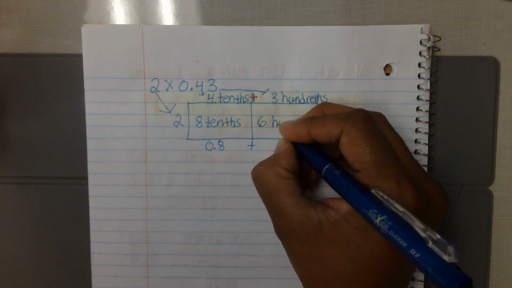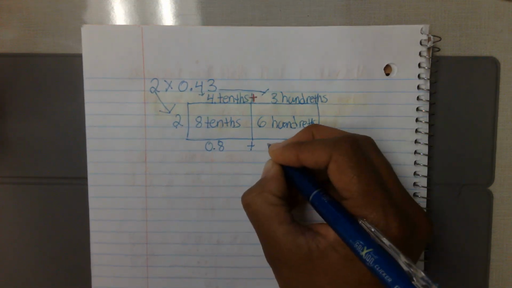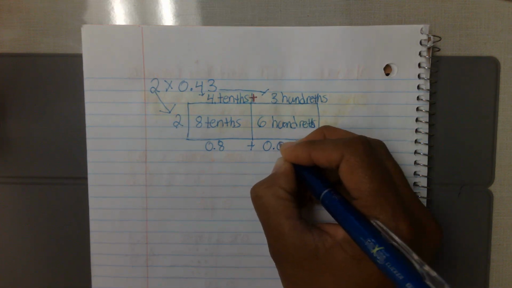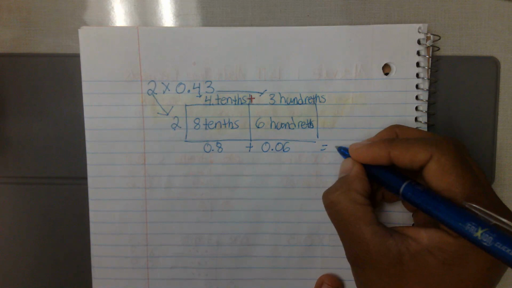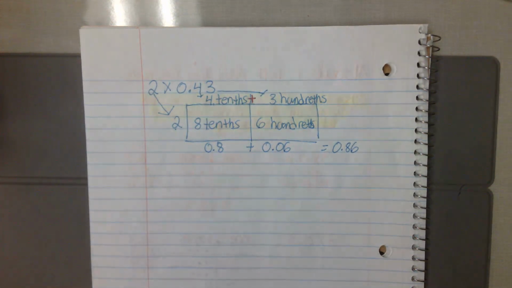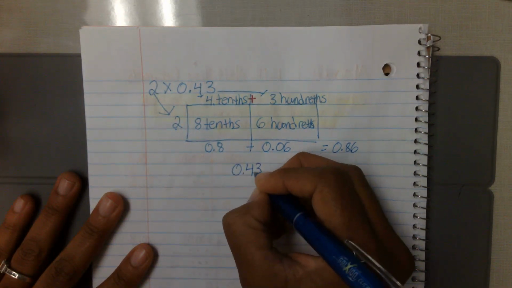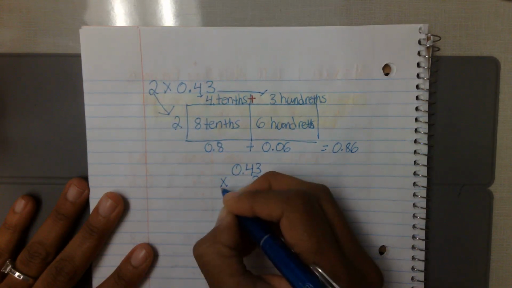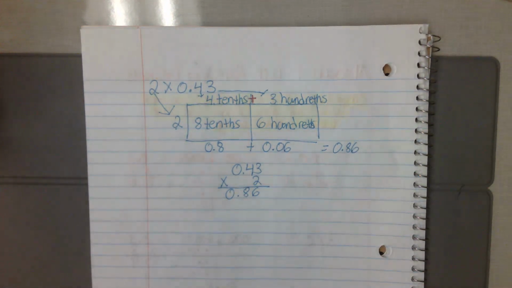I'm going to bring down my hundredths. Now I need to write that in standard form. That is what 6/100ths looks like. So when I add those two together, I get 86/100ths. So I know that when I stack it up and do my multiplication like this, I can put that this equals 86/100ths.